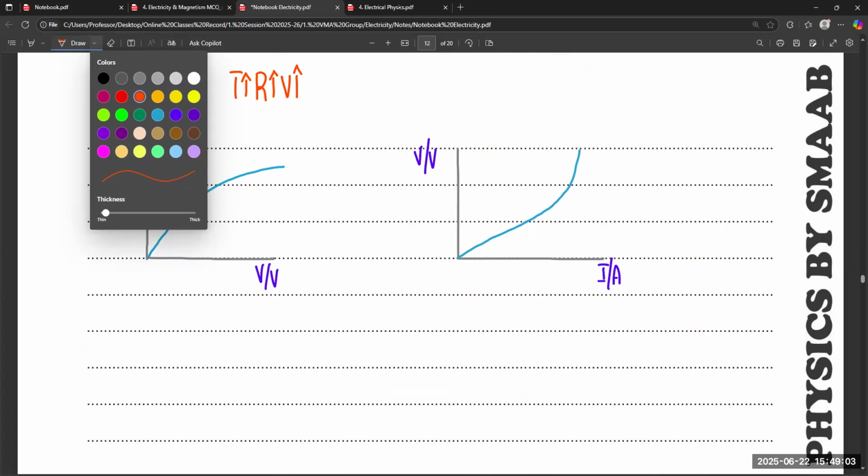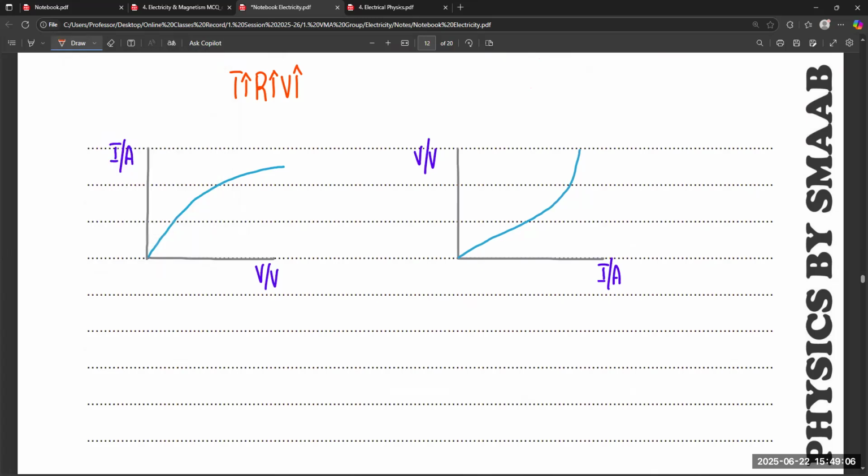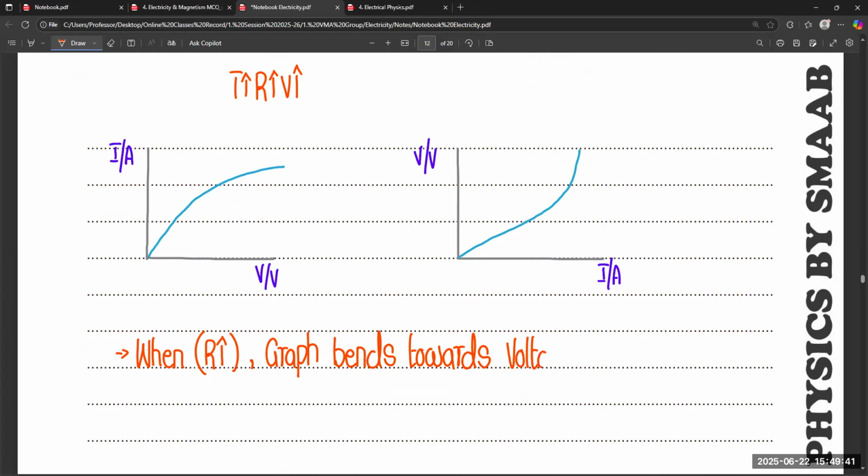And for this representation, we say that when resistance increases, graph bends towards voltage axis.